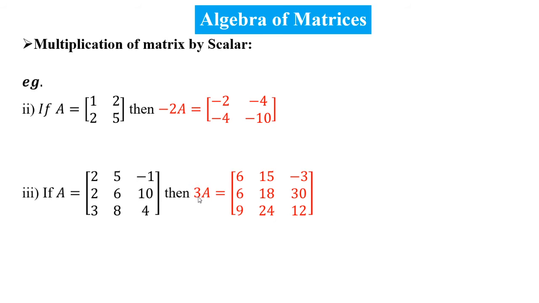Then 3 into the third row: 3 into 3 is 9, 3 into 8 is 24 and 3 into 4 is 12. So it has become another matrix known as 3A, and these elements are 6, 15, minus 3, 6, 18, 30, 9, 24, 12. So we multiply each element to get the corresponding element.